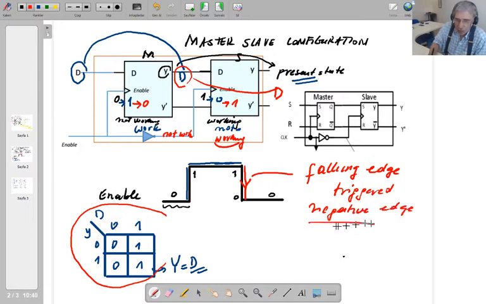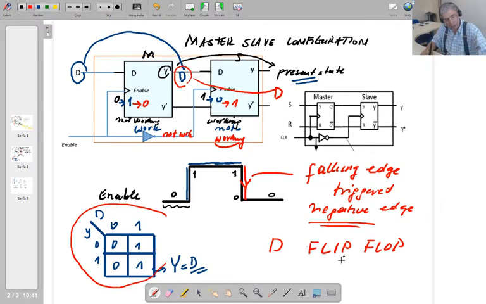So call this a D-type flip-flop. This D-type flip-flop, that brown one here, behaves as a D-type flip-flop. And this flip-flop works on the negative edge only. It doesn't work in the other time intervals for a given enable input.